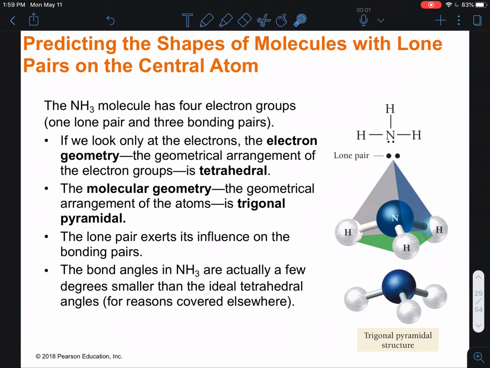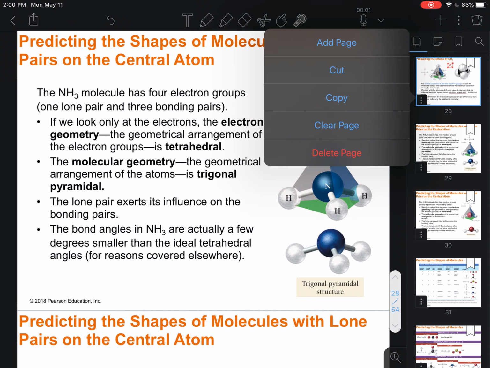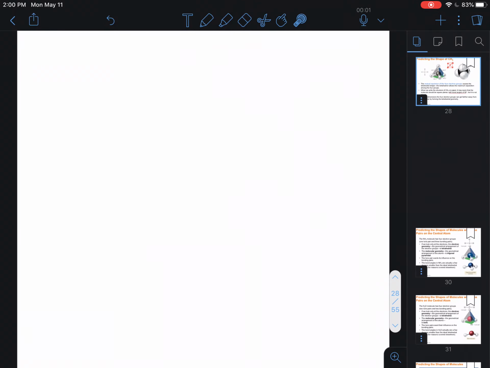So we're going to talk about another one really fast. This is kind of an exception. I'm going to draw the Lewis structure really quick, not methane, ammonia, sorry, NH3. First we're going to add up the electrons. Valence: nitrogen 5, hydrogen each has 1 times 3, which is 3.